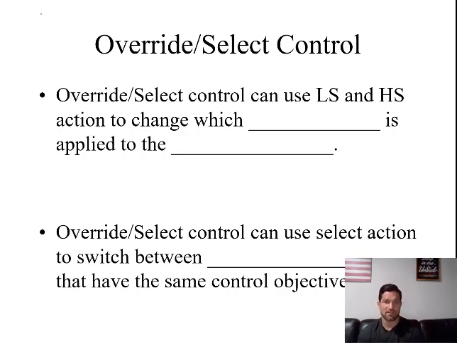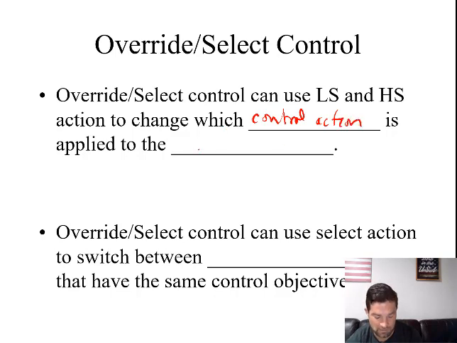All right, so let's summarize our override select control. And then next time we'll go over, again, other types of applications. Okay, so override select control can use low select or high select action to change which controller action is applied to the manipulated variable.